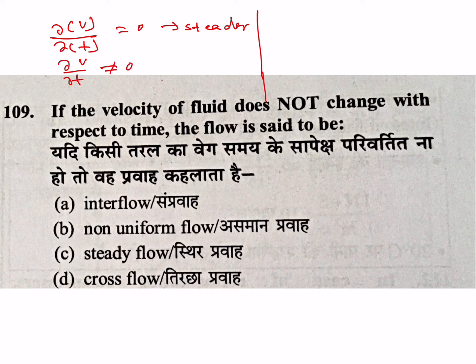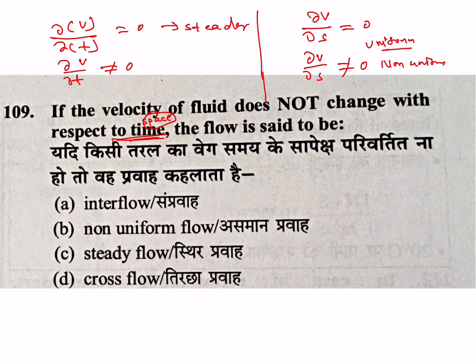And if they ask with respect to space, then dV by ds is equal to 0. This is for uniform flow. And for non-uniform flow, dV by ds will not be equal to 0.